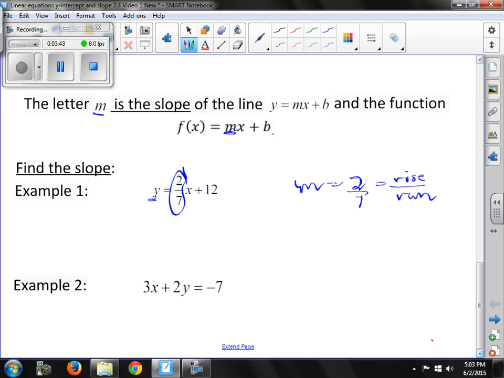Here's another example. Find the slope of the line. I need to solve for y this time. I'm going to move that 3x over to the other side by changing its sign. So I have 2y equals negative 3x minus 7. Divide everything by 2.